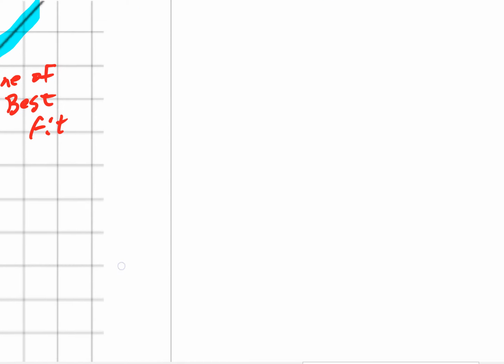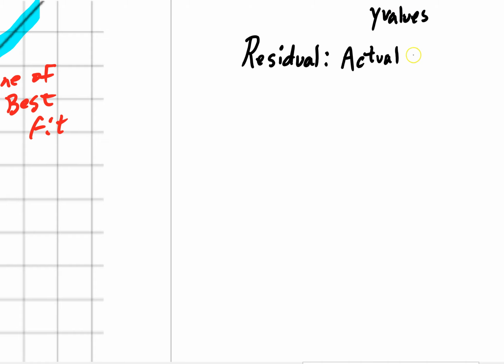We've dealt with the scatter plot. Now we're going to look at a residual plot. But first we have to talk about a residual. A residual is always going to be the actual y value. These are always for y values. Minus the predicted.